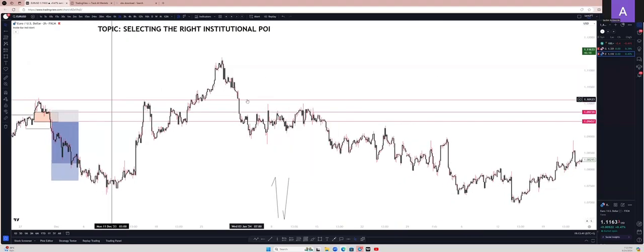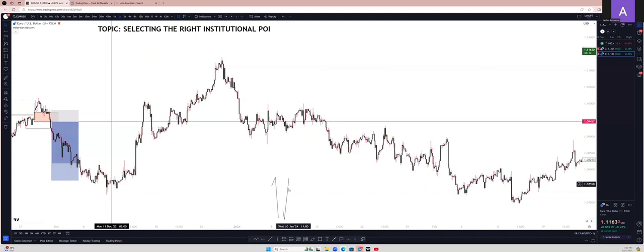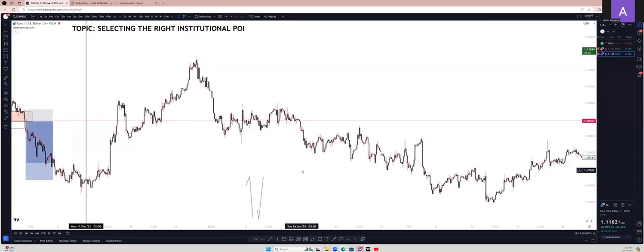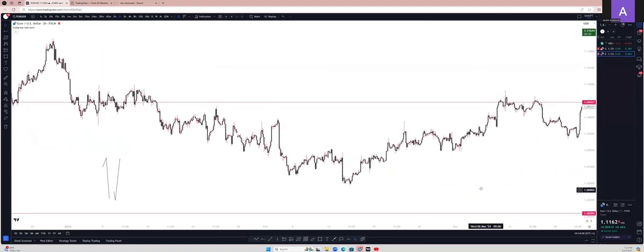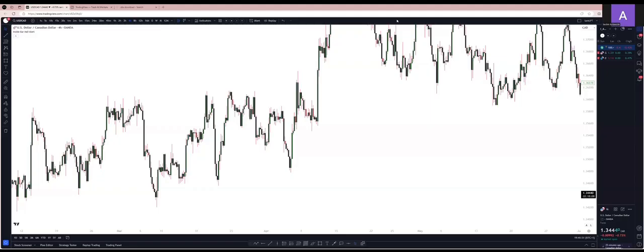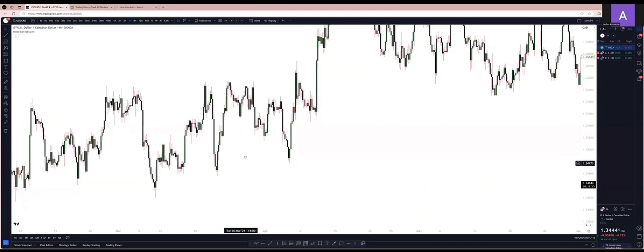I don't want to remove all the drawings, so I'm trying to check the one that has another block, but the other block is not the candle that sought liquidity. Do you understand it? So you can get what I'm trying to explain better. So this is the last example, and I think we call it a day from here. I will continue from where we stopped in the other videos.